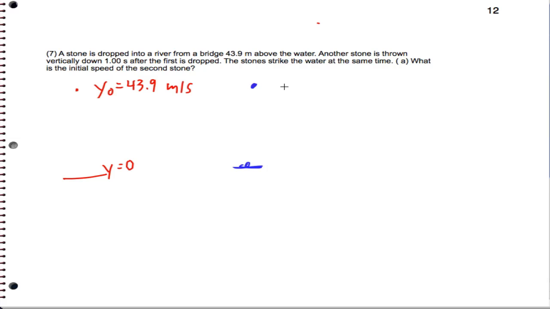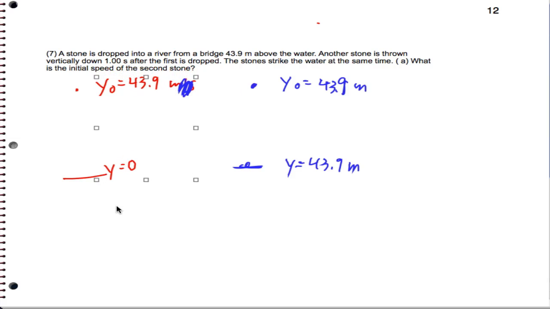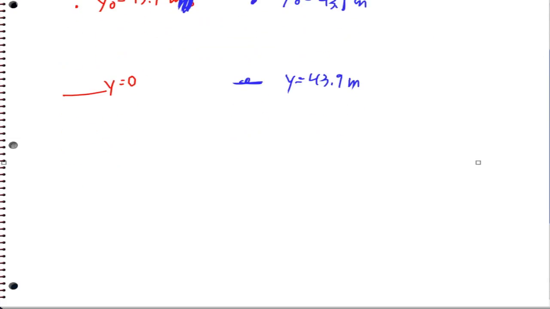Sorry, I said meters per second, and it's not. It's meters, it's a height. And then we have the second stone, which I'll draw in blue, and its y naught is also 43.9 meters. They strike the water at the same time, and you want to know what the speed of the second stone is for that to happen. So let's do the math now.